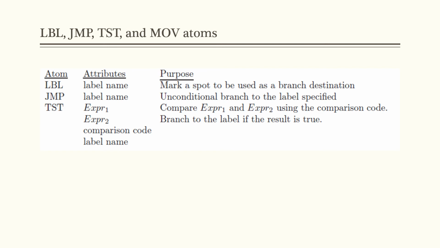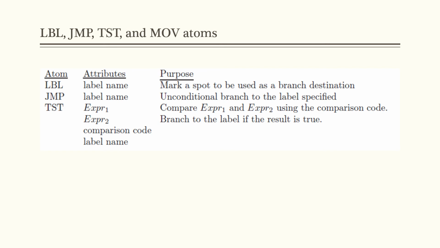Jump, JMP, is also a label name. It is used for unconditional branch to the label specified. This is normally used when you have a while loop, for loop, and also the if statement. You need to indicate that if a certain condition is met, then you need to jump to maybe another label. So that is the purpose of jump.